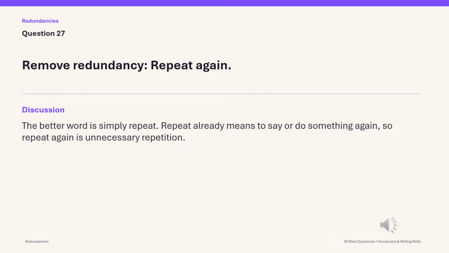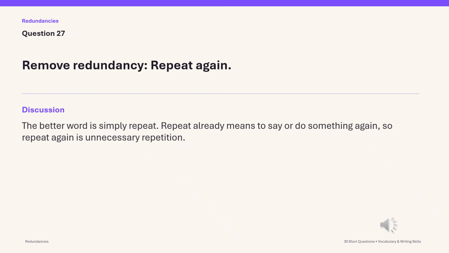Remove redundancy. So, first of all, we need to understand what redundancy is. Redundancy means using unnecessary extra words. So, the expression repeat again is redundant because repeat already means to do or say something again. So, instead of saying repeat again, we should simply say repeat.